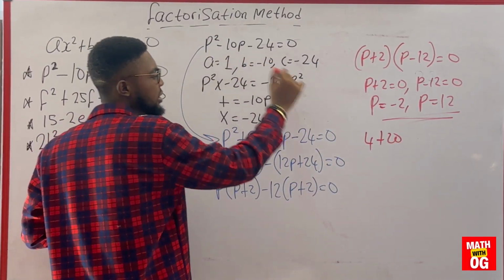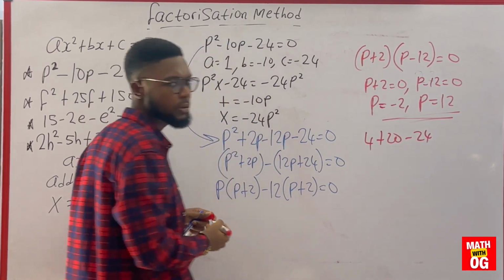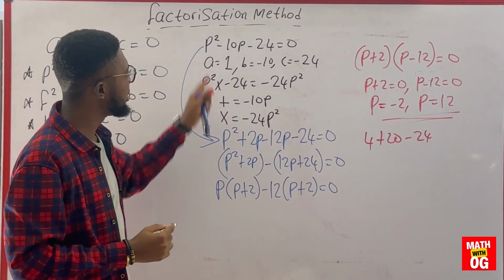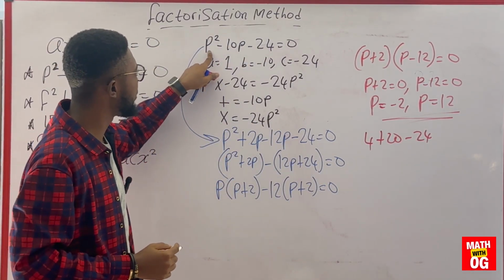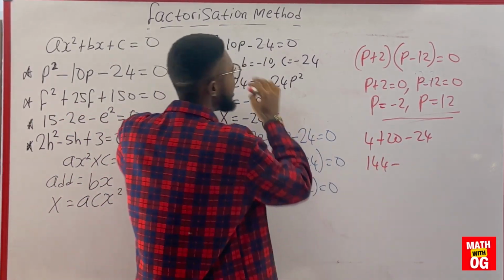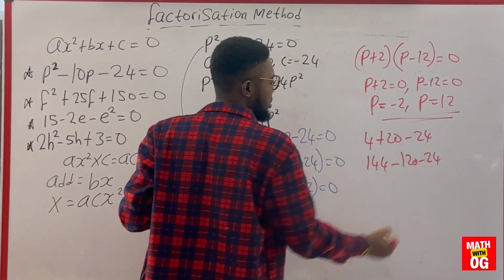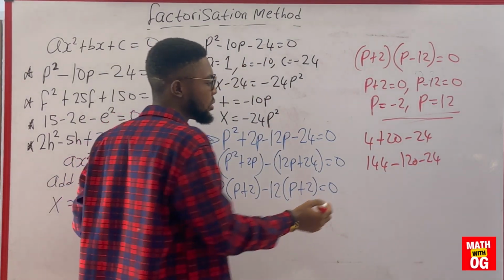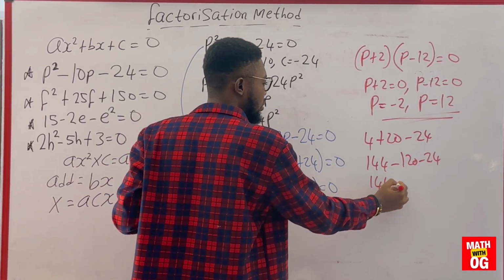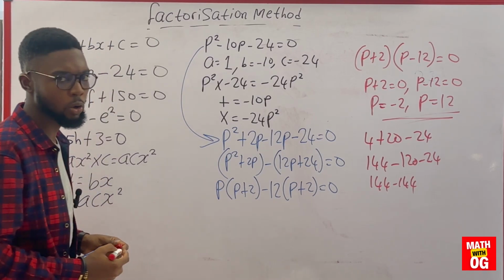And this will give me a negative 24. 4 plus 20 is 24. 24 minus 24 is 0. Similarly, let's put 12 here. 12 squared is 144. Minus 10 times 12 is 120. Then you have minus 24. Minus 120 minus 24 will give me minus 144. So this will also give me 0. So our answer is correct.